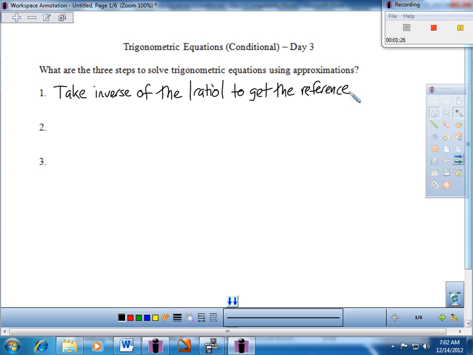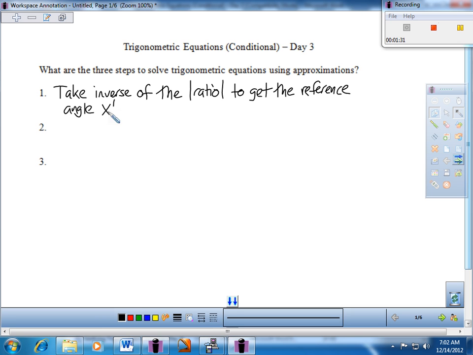And remember that reference angle, that x prime, is always acute and always positive. So by taking the absolute value, making the ratio positive, and then taking its inverse, you're guaranteed to always get from the calculator what would be considered the reference angle.